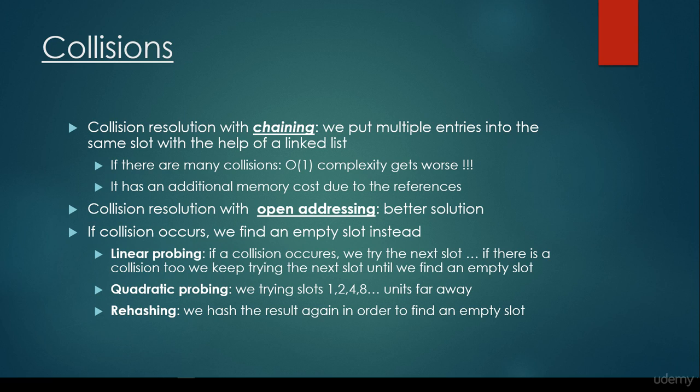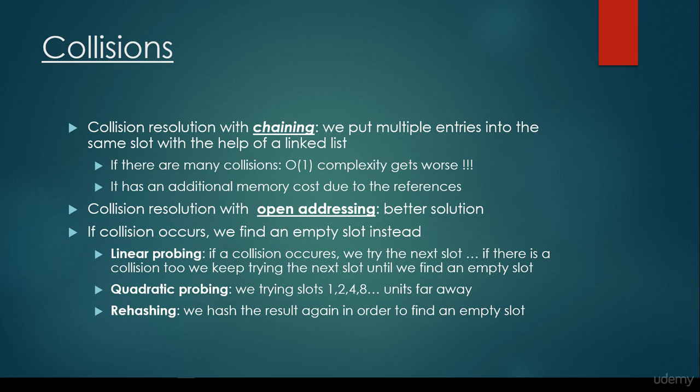And for example, if we want to find an item in a linked list, it's going to take order n linear time complexity. It is definitely not order 1 constant time, so that's why chaining is not always a good solution. And of course it has an additional memory cost due to the references.